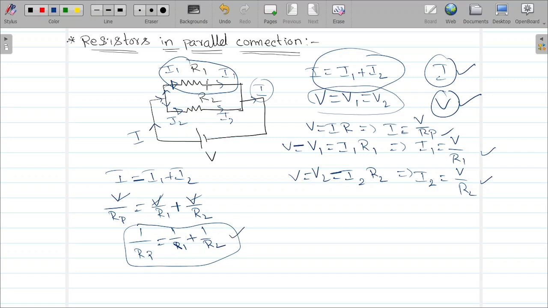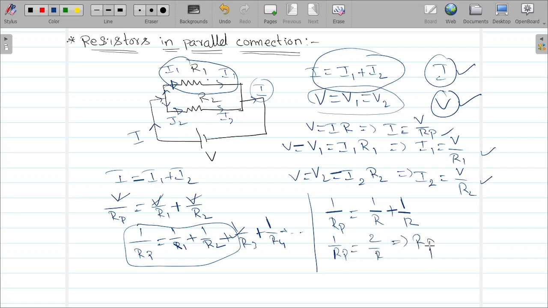Here how many resistors? Two resistors, so it is 2. If there is one more, then it is plus 1 by R3. If one more, then 1 by R4, and so on; like this we can connect. If these two resistors are identical, then 1 by Rp equal to 1 by R plus 1 by R, so 1 by Rp equal to 2 by R. From this, the resistance in parallel is R by 2.